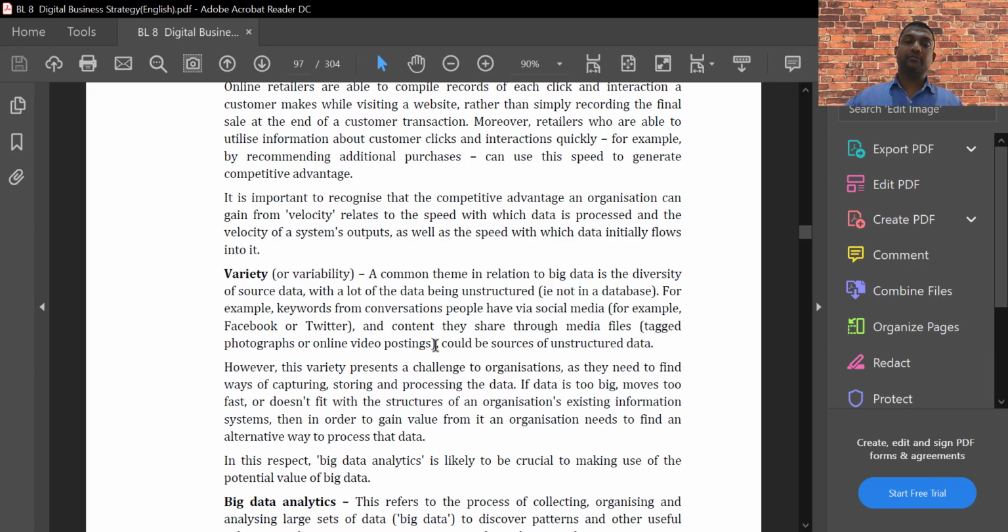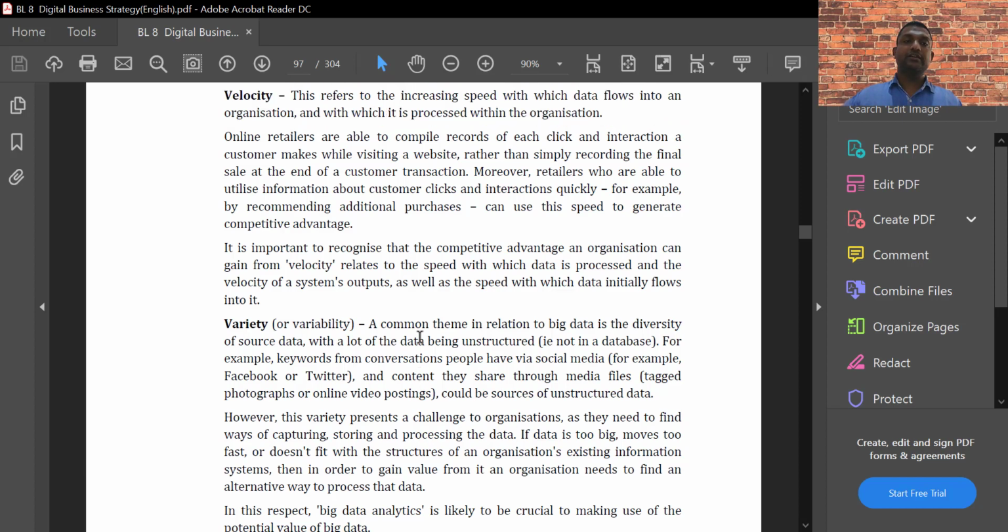As an example, if the data is collected from social media, there can be data collected from Facebook, from Twitter, and it may be content like photographs, video postings, people's comments on it, and different types of data will also be available.